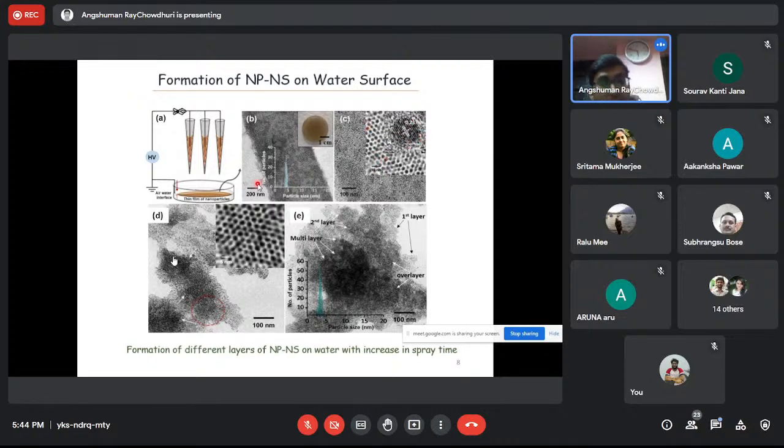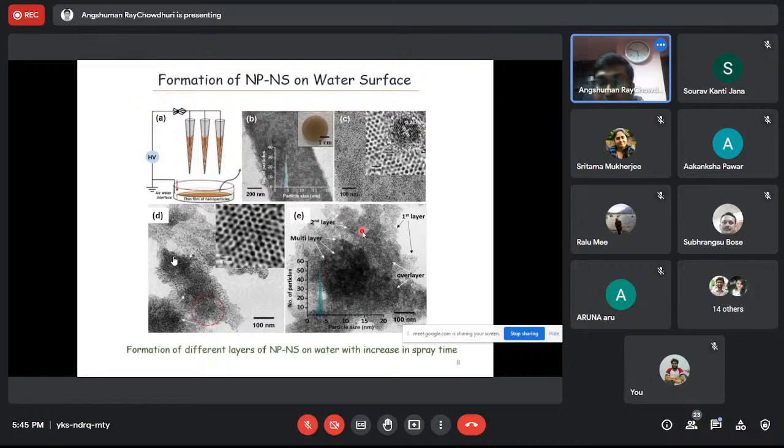After that we sprayed for more time, and we observed that when the spray is more, layer upon layer deposition is happening. That is the more interesting thing. When layer upon layer deposition happens, there is a possibility of forming 3D crystals. Previously we got 2D assembly of the materials, 2D crystals.